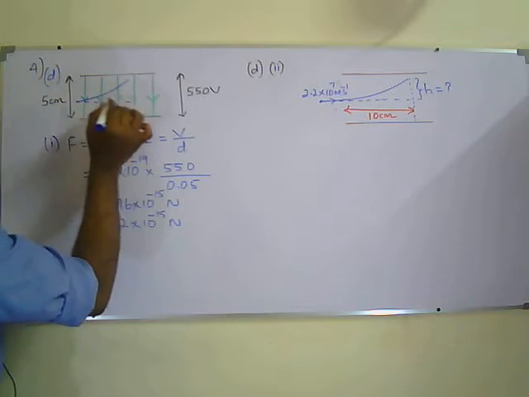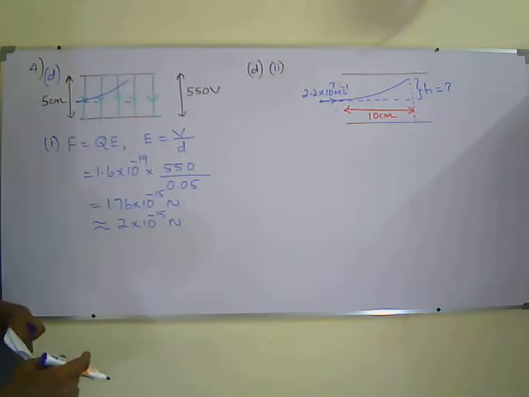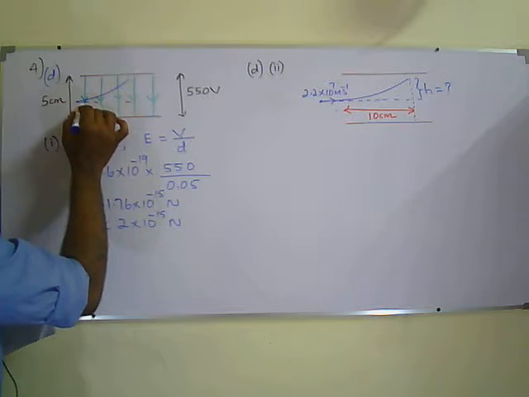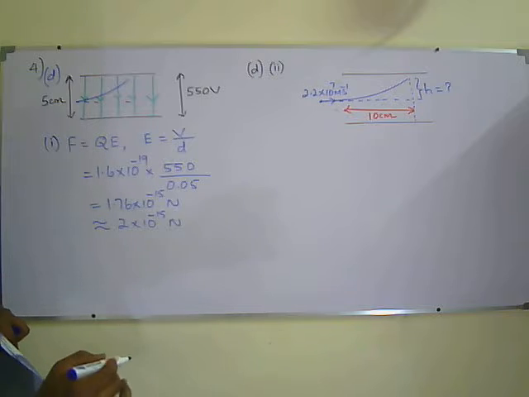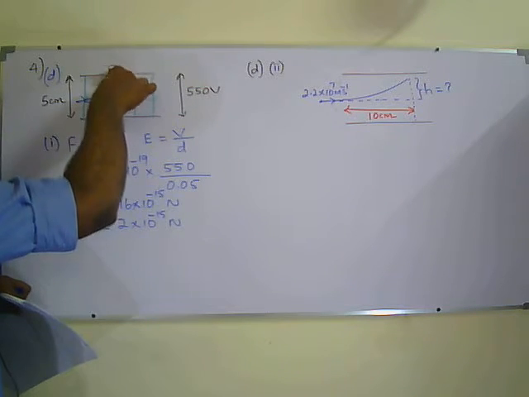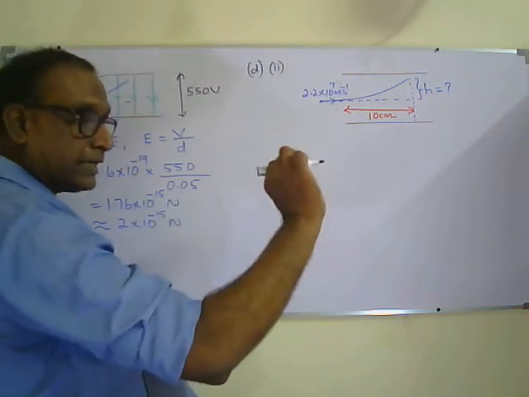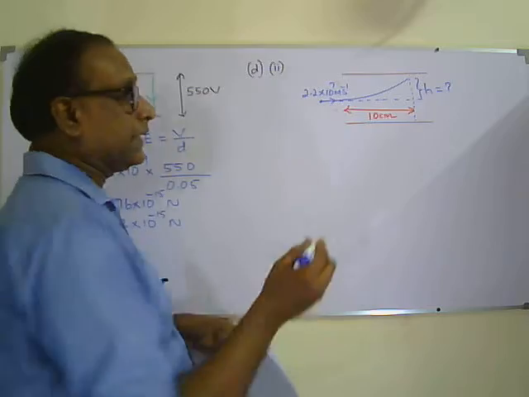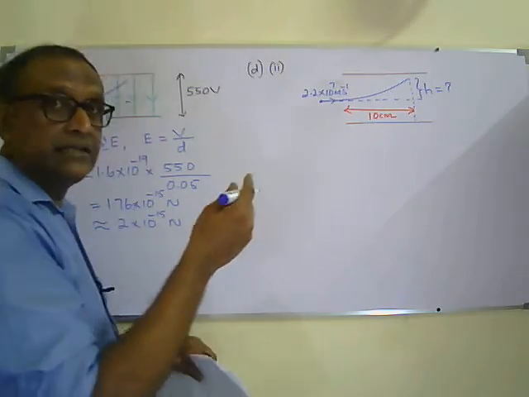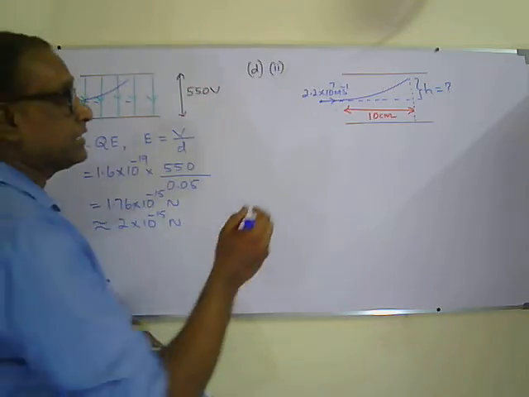Parallel to the plates is perpendicular to the field lines, so there is no component of the field parallel to the plates. So there's no electric field parallel to the plates, no force, and no acceleration parallel to the plates. That will be useful to find the time taken to complete 10 centimeters by using equations of motion.